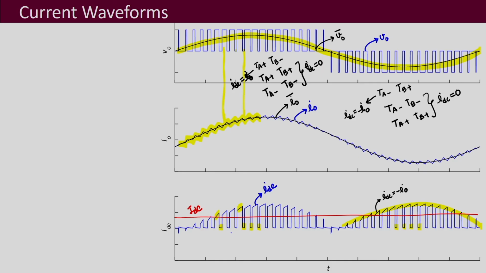But then you have another component, which is the second harmonic component, that will be something like this, and you can call it IDC2, the second harmonic component of the fundamental.